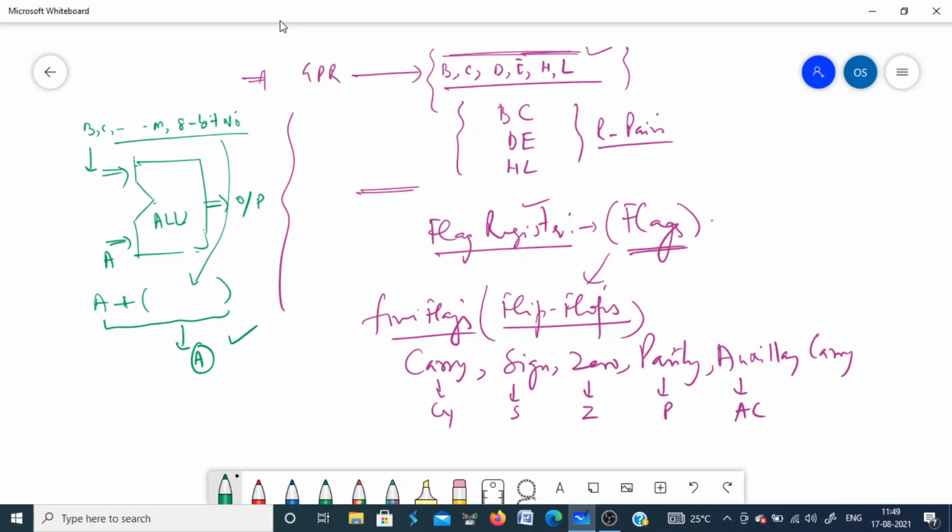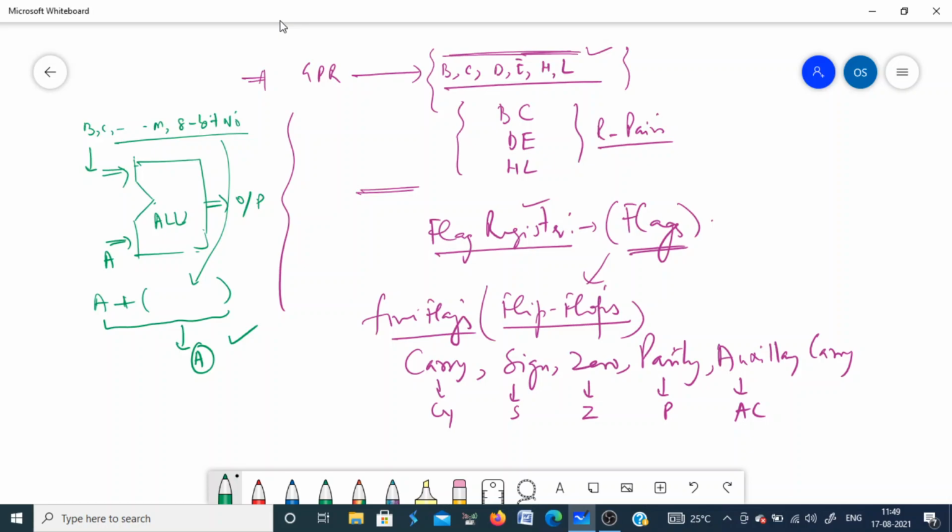Whenever you perform any logical or arithmetic operation, the result is stored in accumulator A, and depending upon that result, these flip-flops are set or reset to show certain status signals.